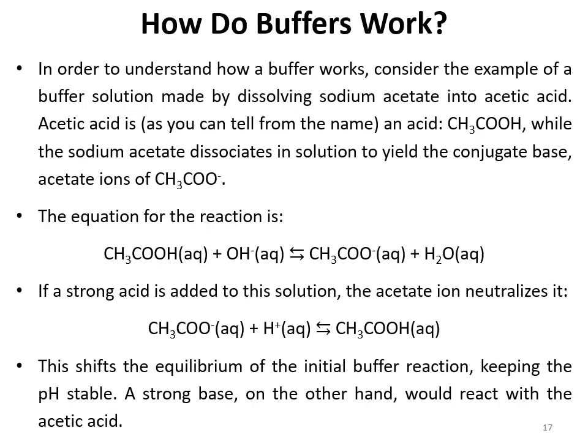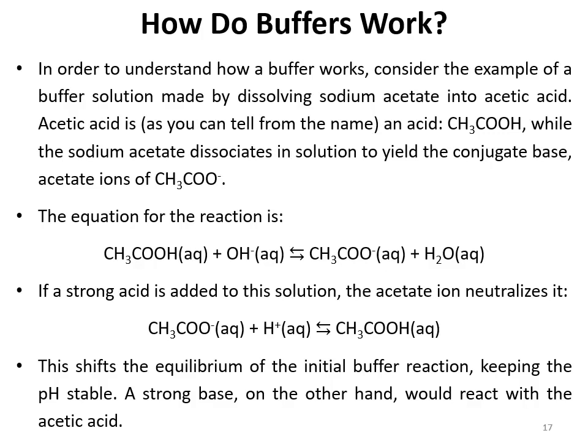So we are going to discuss an example of how buffers work. In order to understand how a buffer works, consider the example of a buffer solution made by dissolving sodium acetate into acetic acid. Acetic acid, as you can tell from the name, is an acid, while the sodium acetate dissociates in solution to yield the conjugate base.